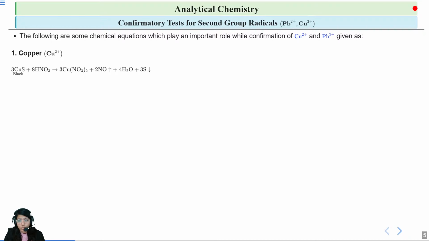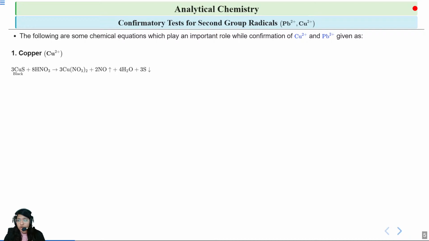So this chemical equation shows the reaction between copper sulfide CuS and nitric acid HNO3. In this reaction, nitric acid oxidizes sulfide to sulfur. The sulfide ion present in copper sulfide CuS, so nitric acid oxidizes that sulfide ions to sulfur, which precipitates as a solid, which is represented by the down arrow.